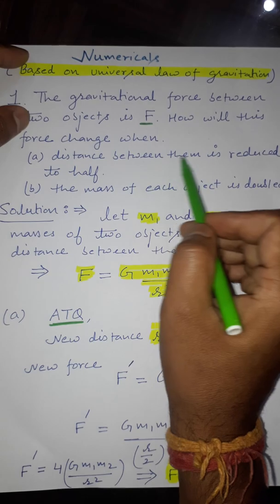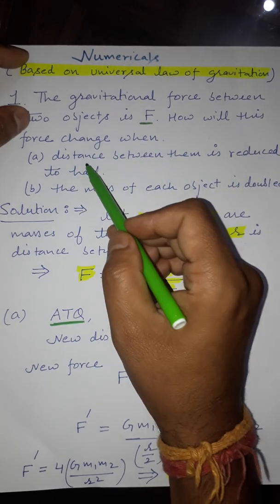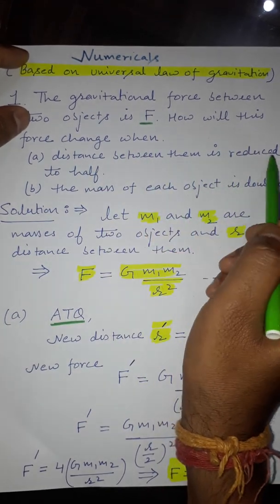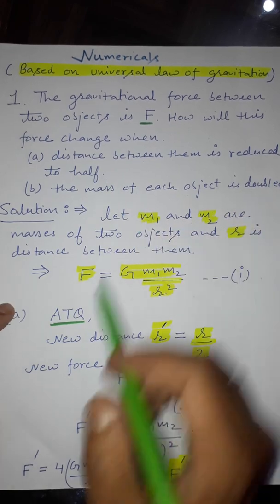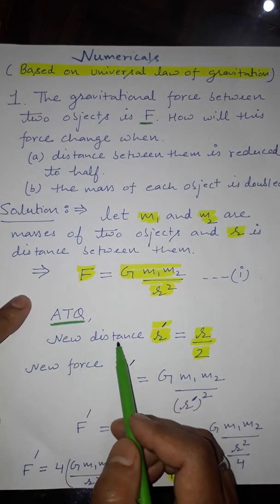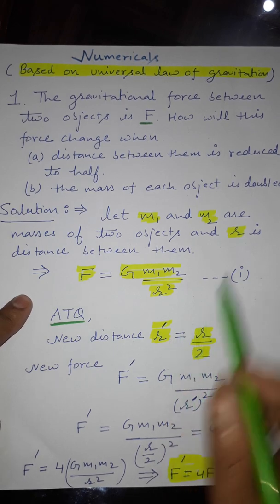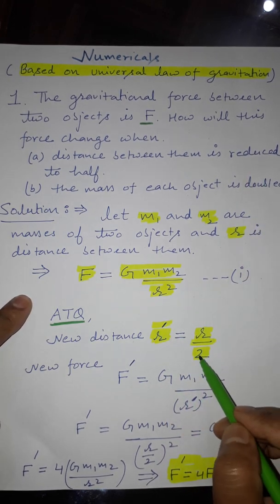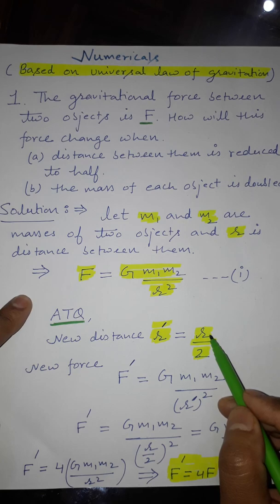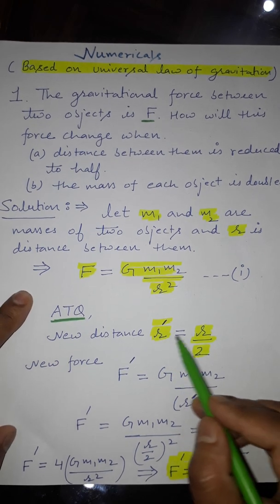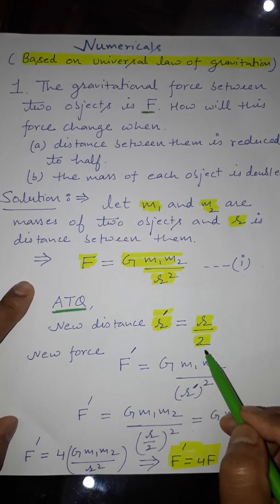There is no change in mass, only the distance is reduced to half. So the new distance is r dash, which is half of the original distance. So r dash is equal to r over 2.